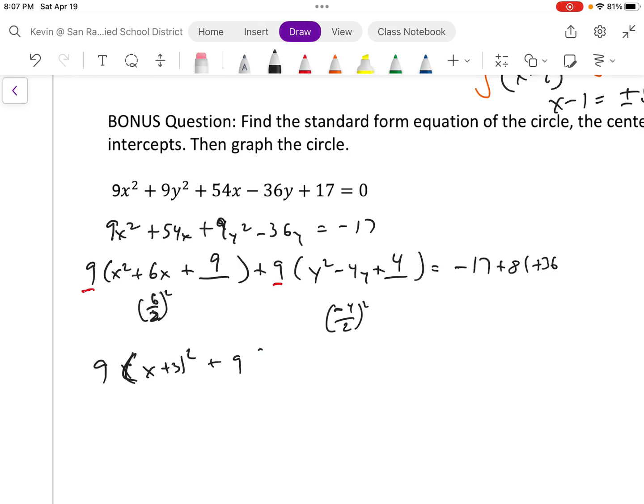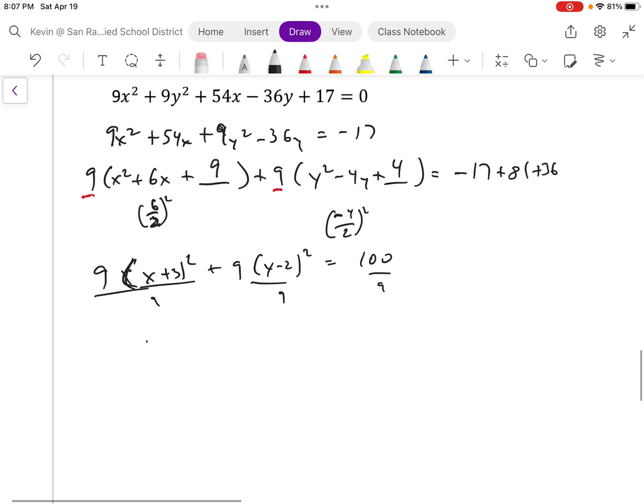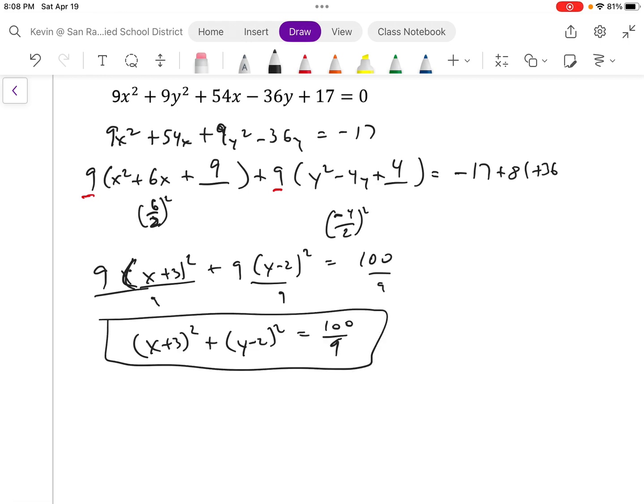So now I have 9 times (x plus 3) squared plus 9 times (y minus 2) squared equals 100. Now I can divide everything by 9, and I have (x plus 3) squared plus (y minus 2) squared equals 100 over 9.